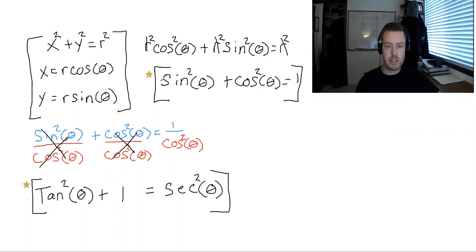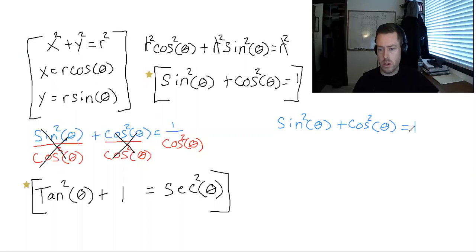Let's divide now by sine squared and see what we get. So now we're going to get sine squared of theta plus cosine squared of theta is equal to 1. And again, we're just going to divide, but this time by sine squared.